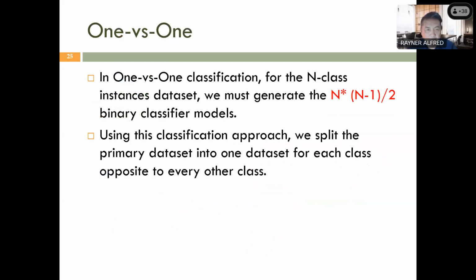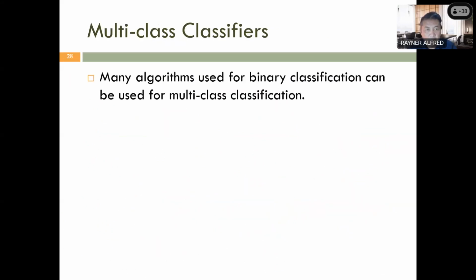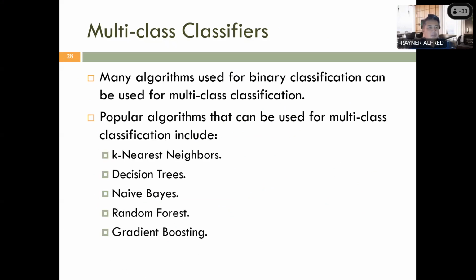Okay, so any questions? Okay, so these are the popular algorithms used for multi-class, like KNN. We will study that one. Decision tree, yes, we're going to study that one. Naive Bayes, yes, and also we have random forest.